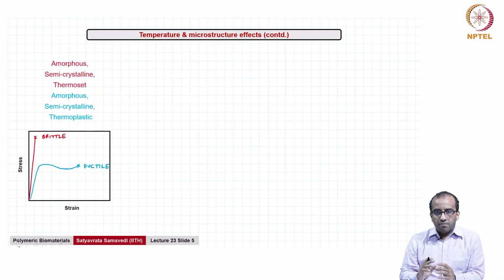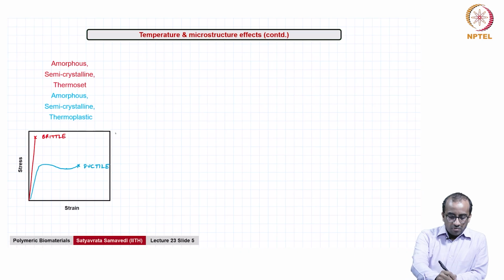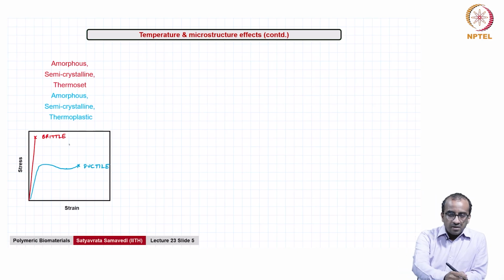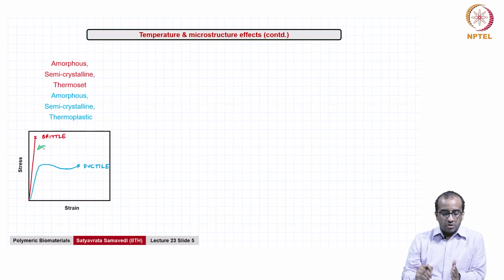Now, we are going to connect what we saw on the first slide in terms of recapping some of the concepts from the previous lecture, and what we saw on the previous slide in terms of temperature effects. Now, if you can recall from our earlier lecture and also from the first part of this lecture, we saw that you can have both brittle and ductile kind of materials, right. Those are two classic textbook examples of stress strain curves shown here, where the brittle material is going to have a very high modulus.